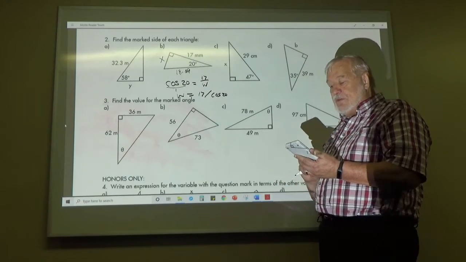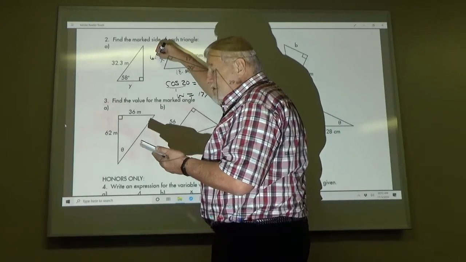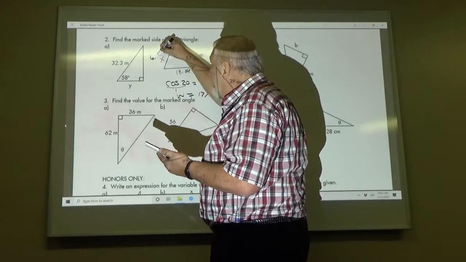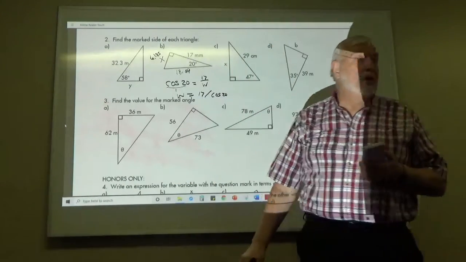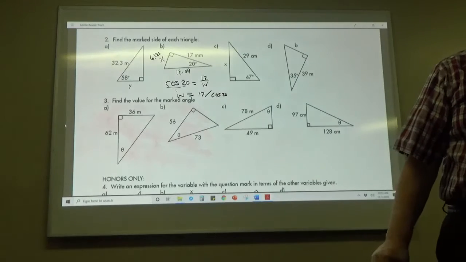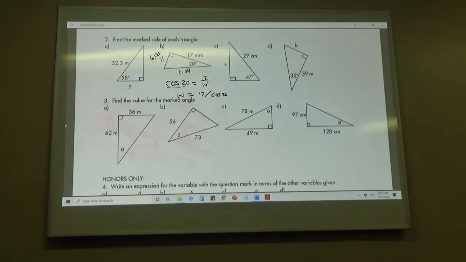And it's all under the square root. That makes this side 6.185. Did I get that? Okay. Yes, we need a calculator? You got one? Oh, you do. Okay, all right.